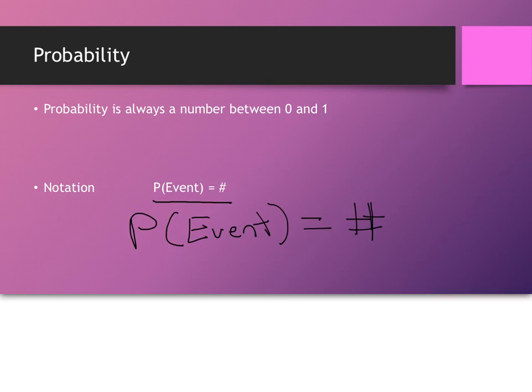All right? Because probability can be translated into percentages, right? It's a likelihood. So you can have anywhere from 0% to 100%, which as a probability gets translated between 0 and 1. So probability always has to be between 0 and 1.